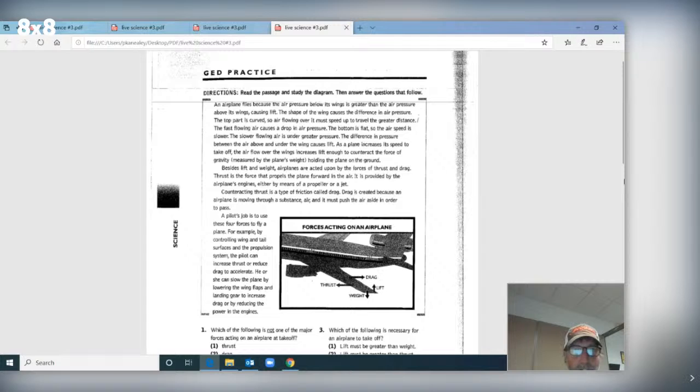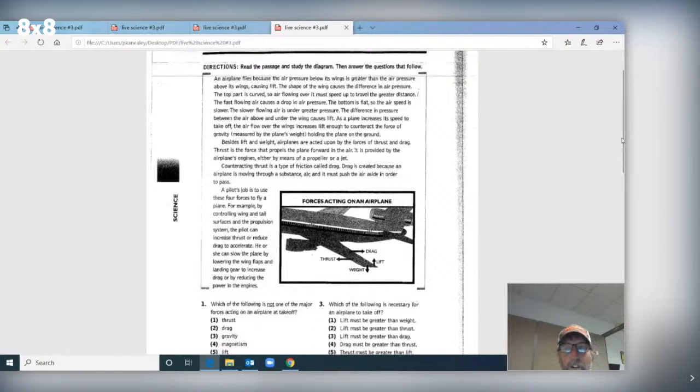It's provided by the airplane's engines, either by means of a propeller or a jet. Counteracting thrust is a type of friction called drag. So right there, we know that thrust and drag are major forces in the airplane taking off. So what you'd want to do is go down and cross off thrust and drag, because we know those are both forces. So we know those aren't going to be the answers.